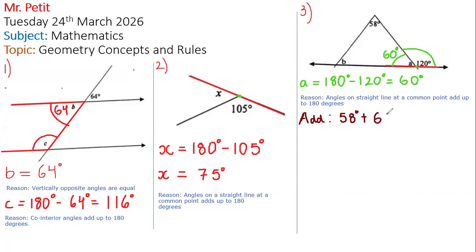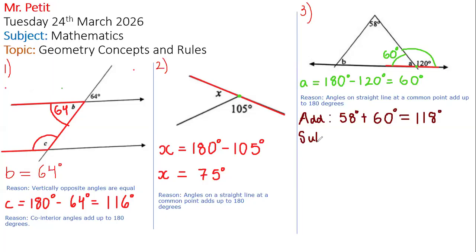So it's like a two-step process. We're gonna add 58 and 60 degrees. When we add them, we get what? 118 degrees. So 58 plus 60 gives us 118 degrees. And then we're gonna subtract from 180.